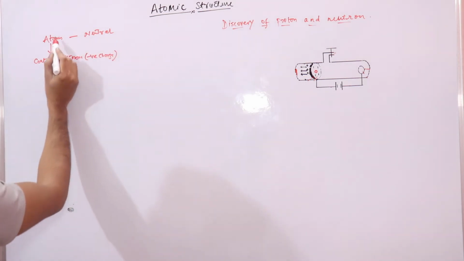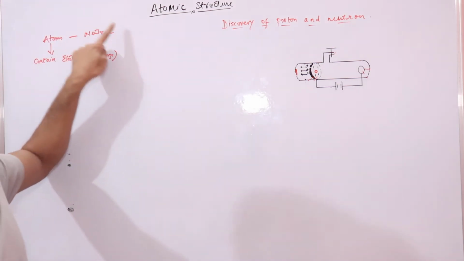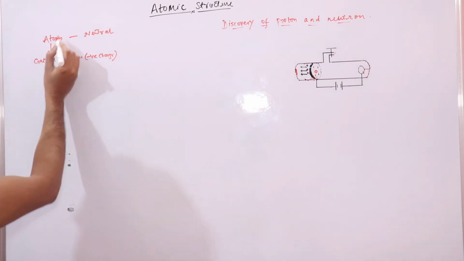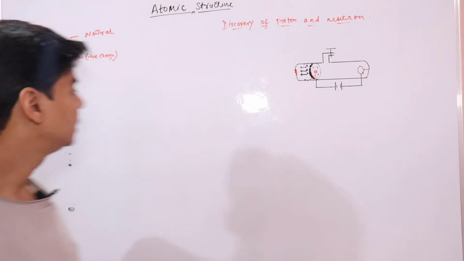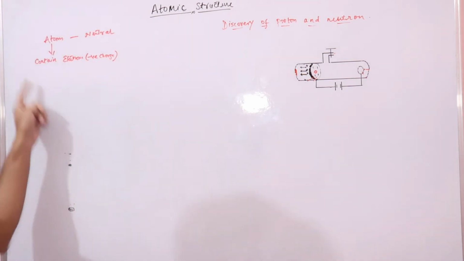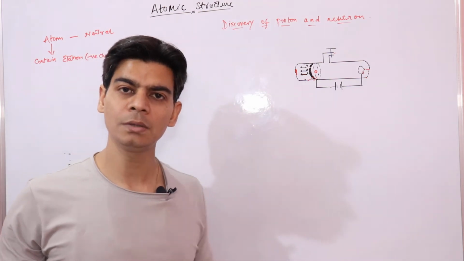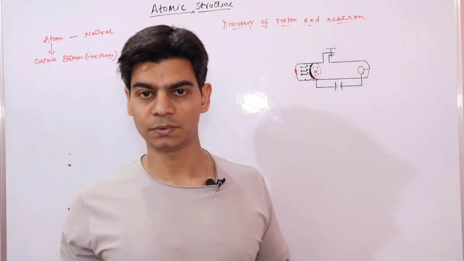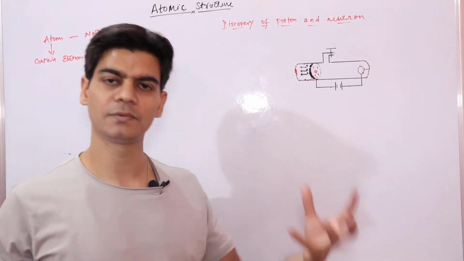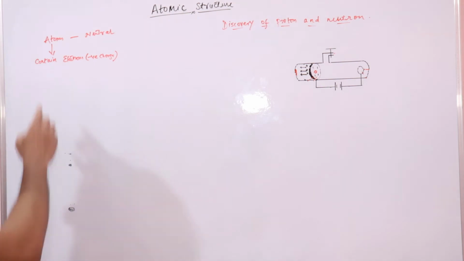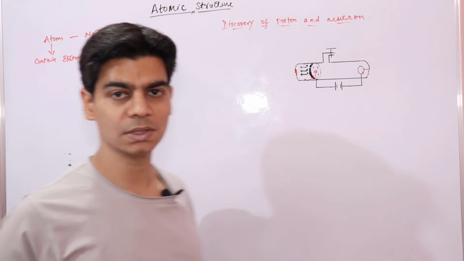Now in order for any atom to be neutral, it should have positive charge inside it that can neutralize this negative charge due to electrons. So scientists started looking for that positive charge inside the atom, wherever the location is, that could neutralize the negative charge due to these electrons.